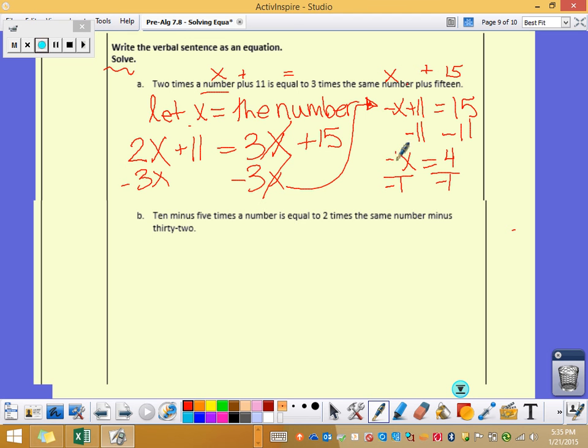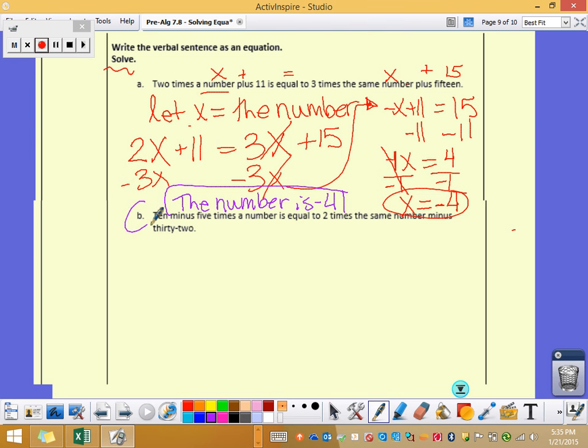So now this negative 1 divided by negative 1 goes away, and we're left with x equals 4 divided by negative 1 is negative 4. And then I'm just going to write a little sentence saying what the number is. The number is negative 4. That's how your answer should be.